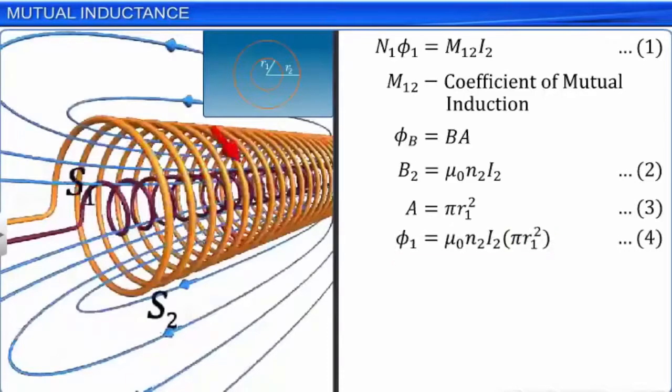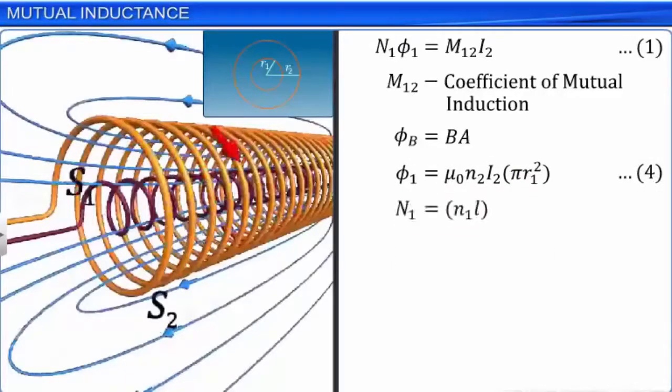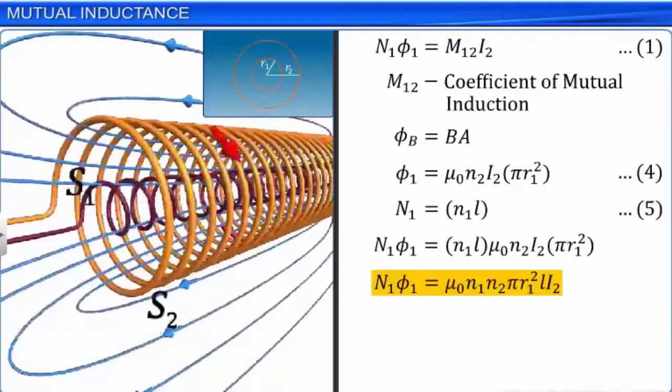Also, we know that N1 is equal to n1 L. Let this be equation 5. On multiplying equations 4 and 5 and simplifying the right-hand side, we get the expression N1 phi1 equal to mu naught n1 n2 pi R1 square L I2. Let this be equation 6.